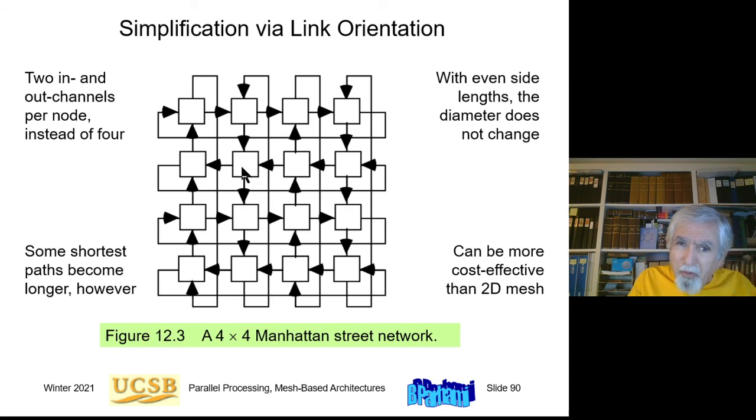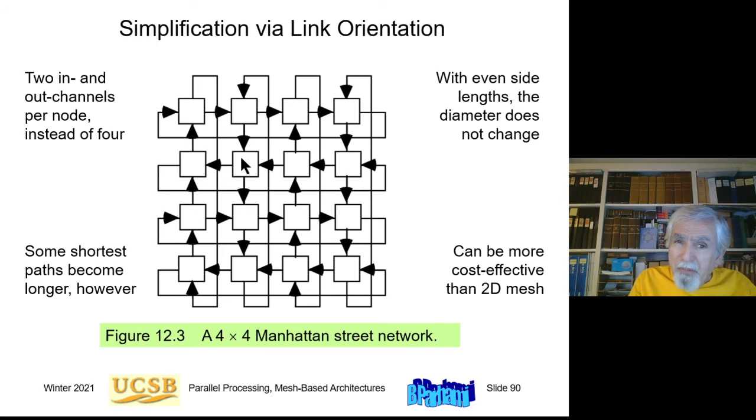This is like going around the block, so to speak, in a car, because this street is one way and this street is one way. Okay, so sometimes distances increase because of this restriction.